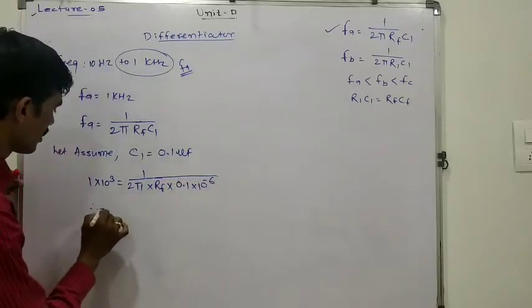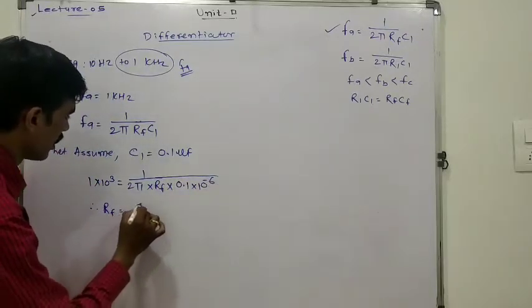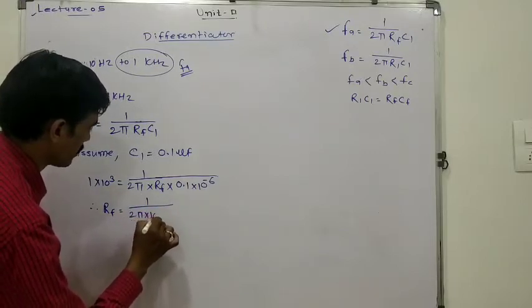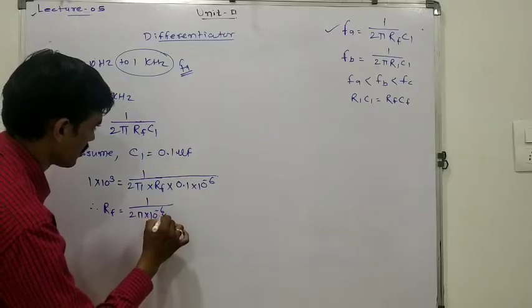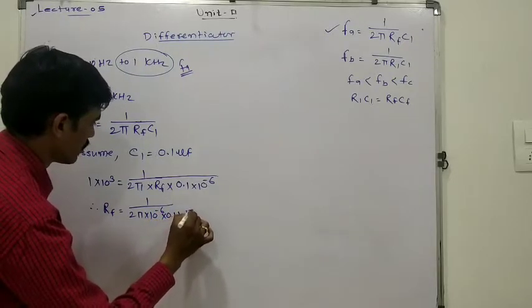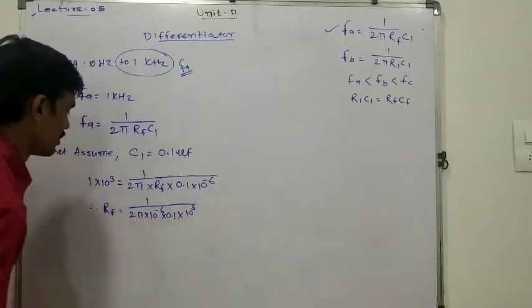where C1 is 0.1 into 10 raised to power minus 6. So ultimately, RF is equal to 1 upon 2 pi into 10 raised to power minus 6 into 0.1 into 10 raised to power 3.